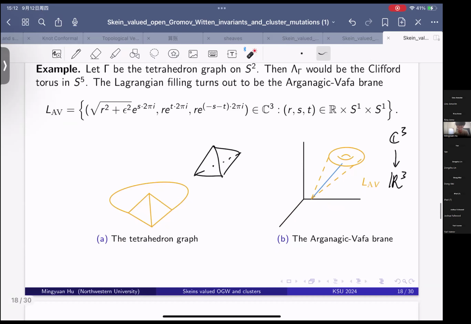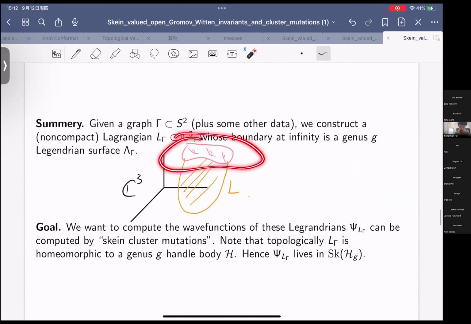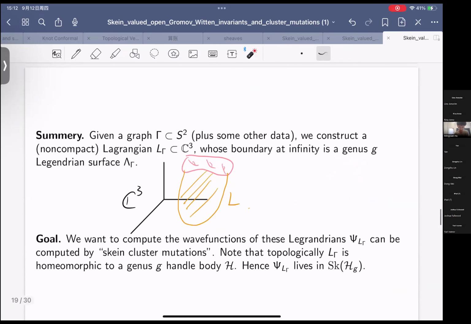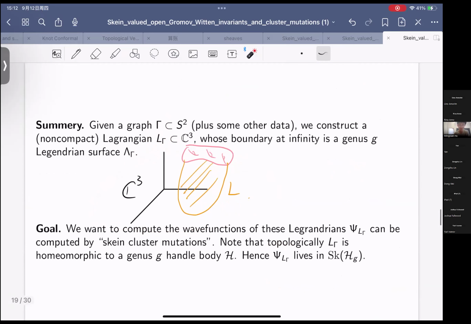That's one example. In general, the boundary at infinity might be a higher genus curve. So we are going to compute the wave function of this Lagrangian. That part might be a little bit fast, but in conclusion, when we have gamma, we have a Lagrangian, and it looks like this. Any questions?